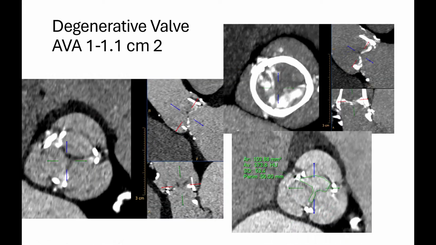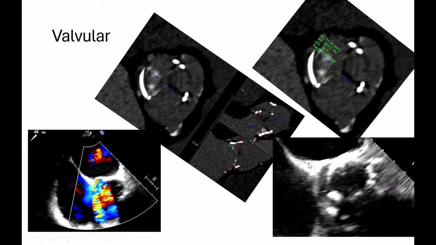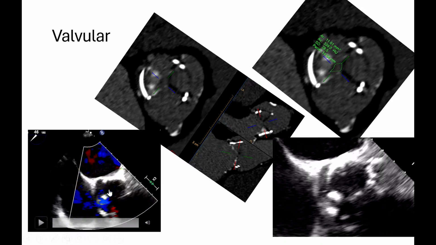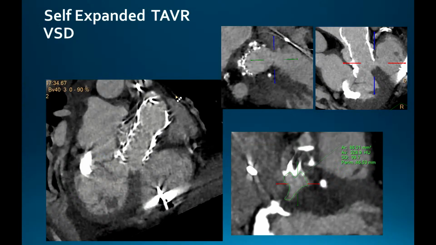This is a very degenerated valve, which also supports some transvalvular etiology, and we were able to find a gap. And we went back to look at the TEE right here, and we believe there's also a valvular AI, which is also eccentric. So this is one of those interesting cases.